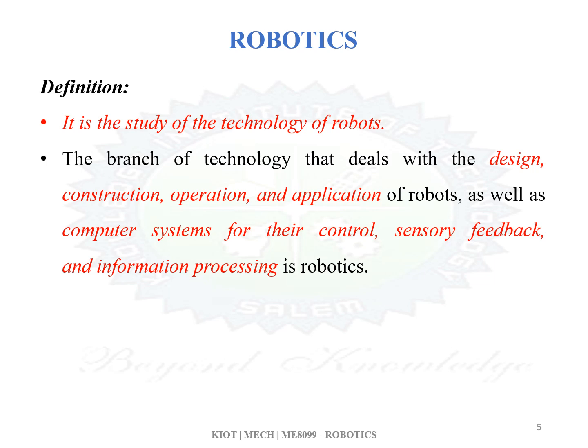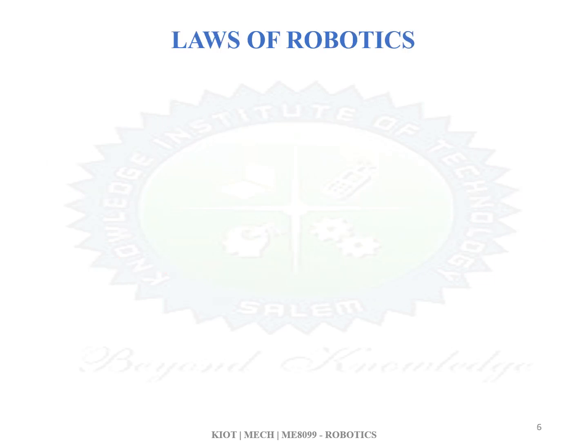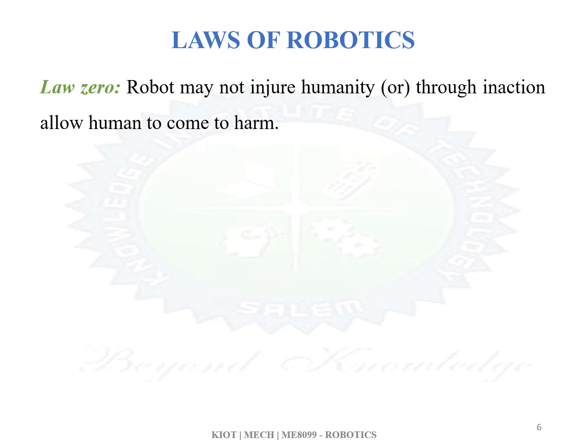Coming to our next portion, the laws of robotics. What is meant by the laws of robotics? Let us get into it. The first law is law zero: a robot may not injure humanity. Why are we using robots? Because robots are used where there is some toxic presence, or where there is no safety for human operations.